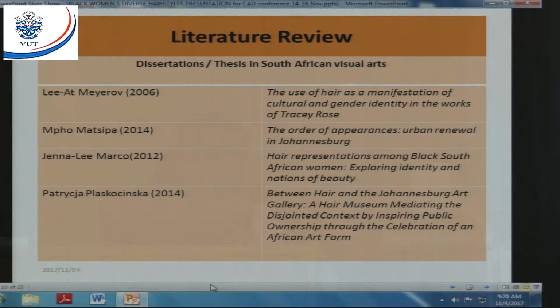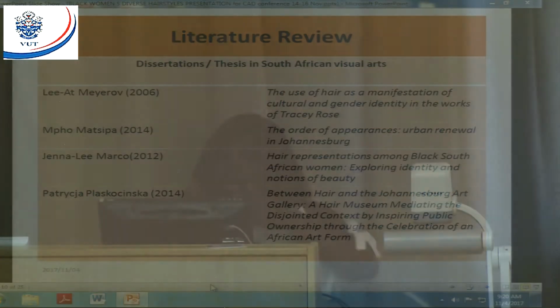Another study that I've looked at is Order of Appearances, Urban Renewal in Johannesburg. Mpoma Tsipa, in the study, links hair with landscape. She looks at Johannesburg, the brewery that is most popular in the Johannesburg CBD.